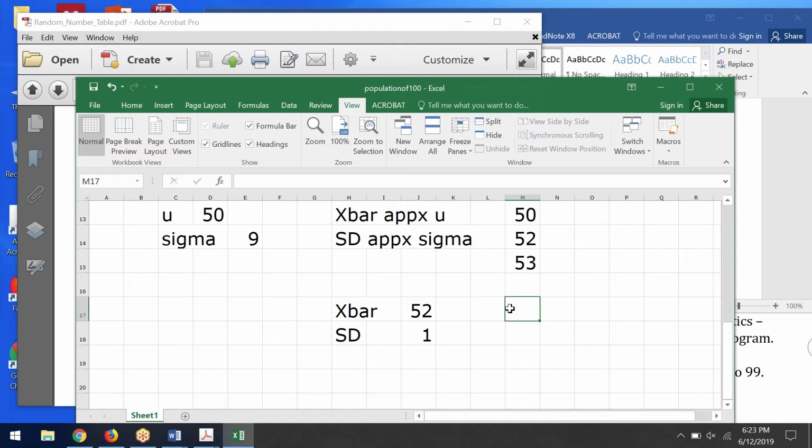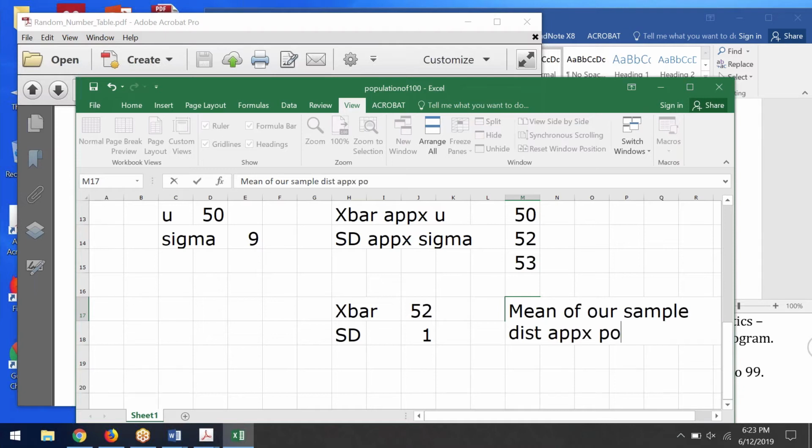What's buried in here is that the mean of our sample distribution, from repeated samples, approximates the population mean.